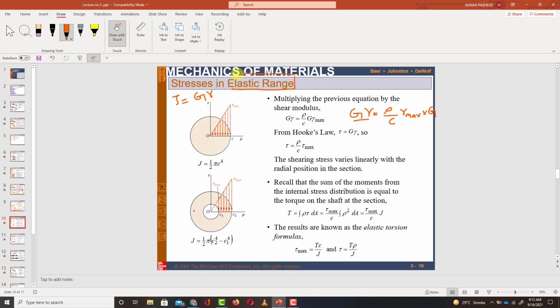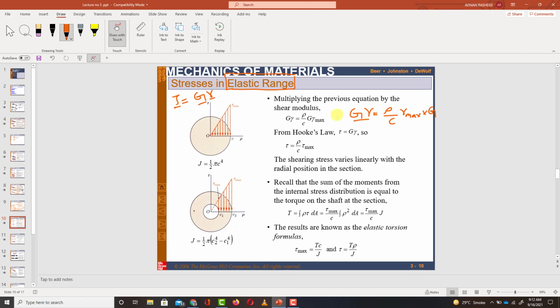So for the elastic region, when there is a shear stress, there will be a shear strain, and within the elastic limit this shear strain is directly proportional to shear stress. This shear stress is equal to G into gamma, where G is the modulus of rigidity, gamma is shear strain, and tau is shear stress.